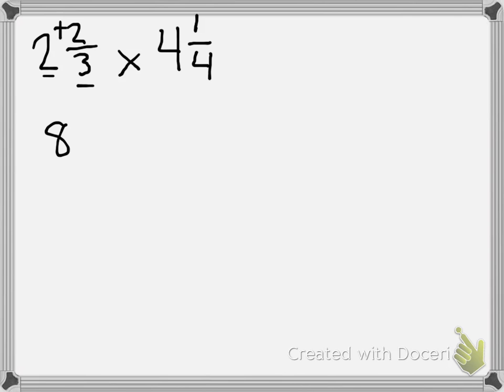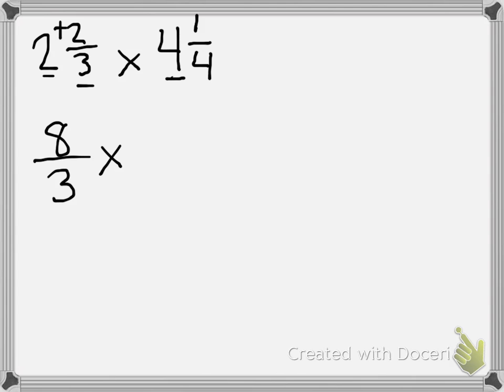My next problem is 2 2/3 multiplied by 4 1/4. So I first need to change my mixed numbers into improper fractions. I take my whole number times my denominator. So 2 times 3 equals 6. I add 2. I get 8/3.